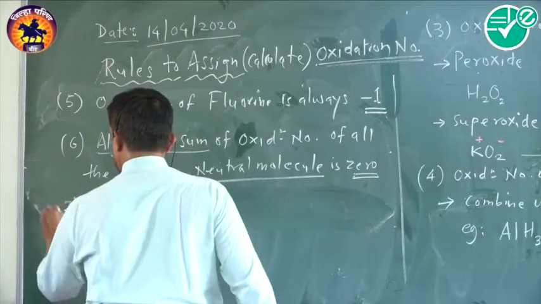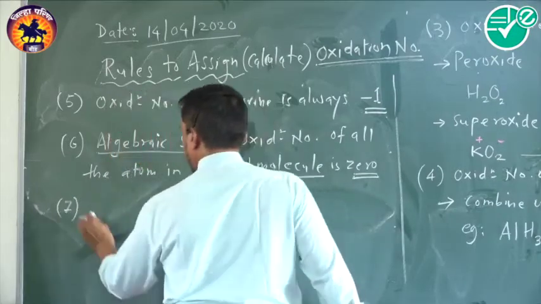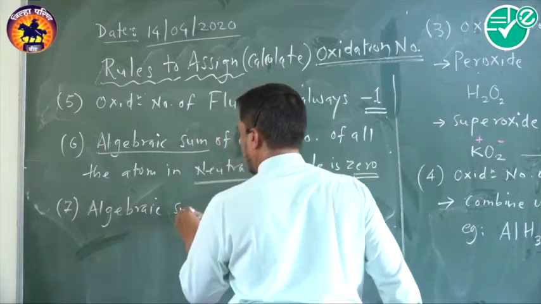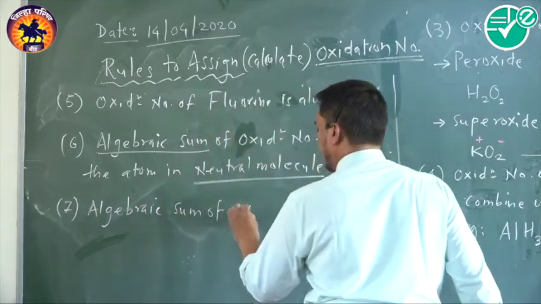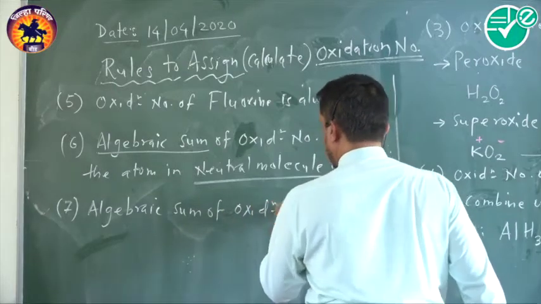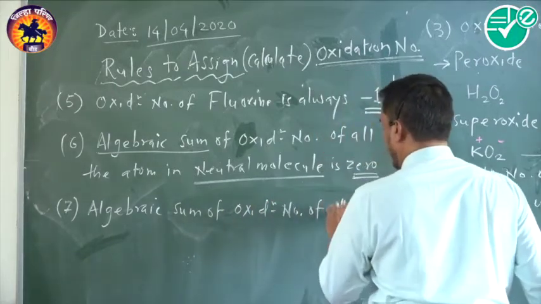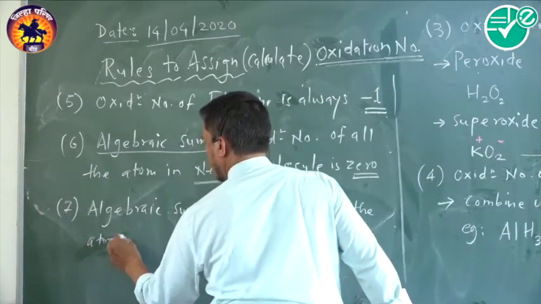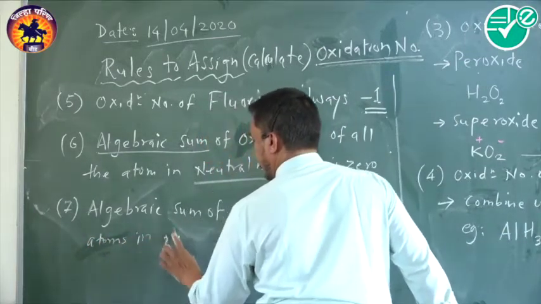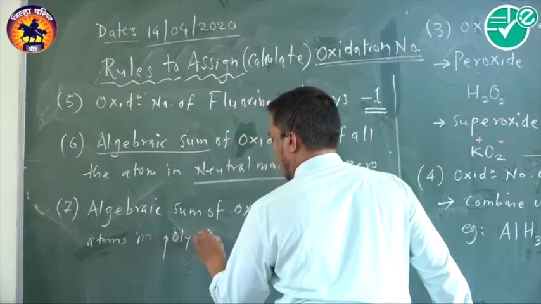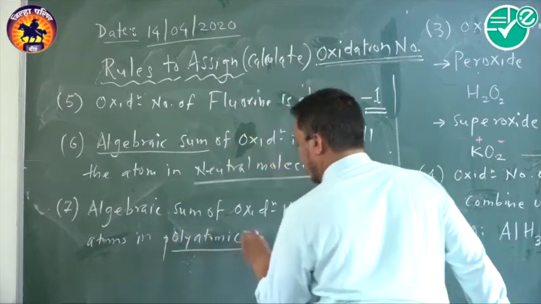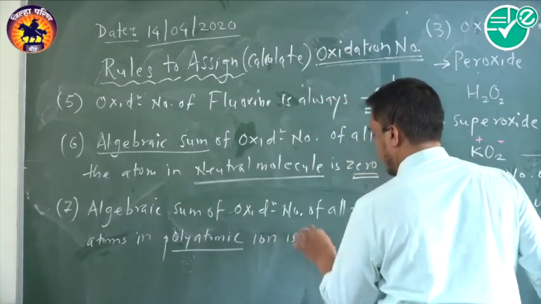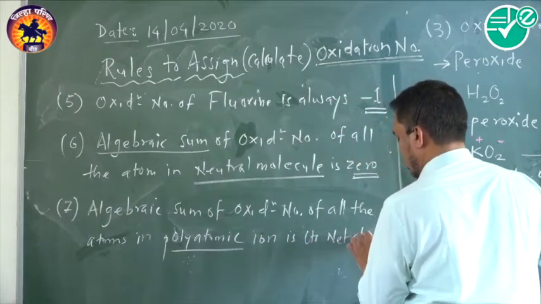Another rule: the algebraic sum of oxidation numbers of all the atoms in a polyatomic ion is its net charge.